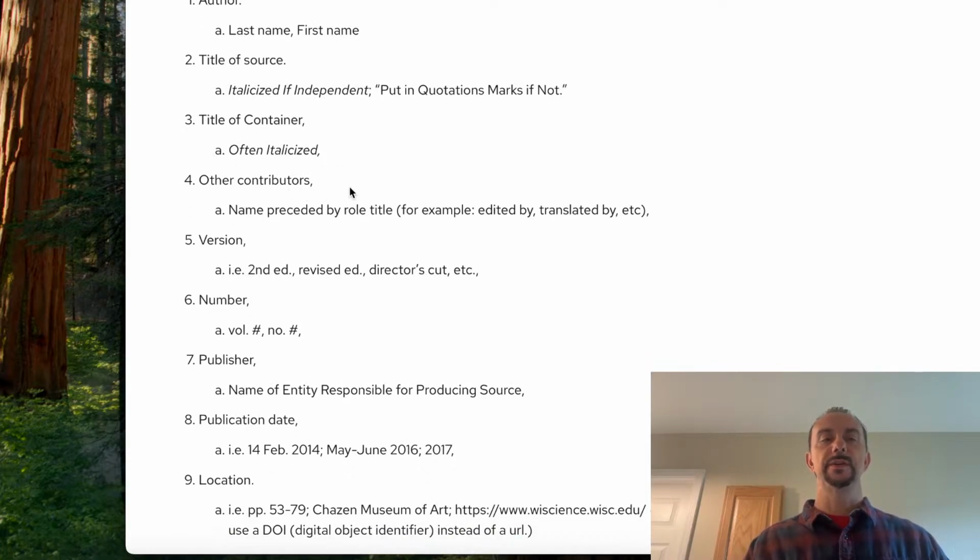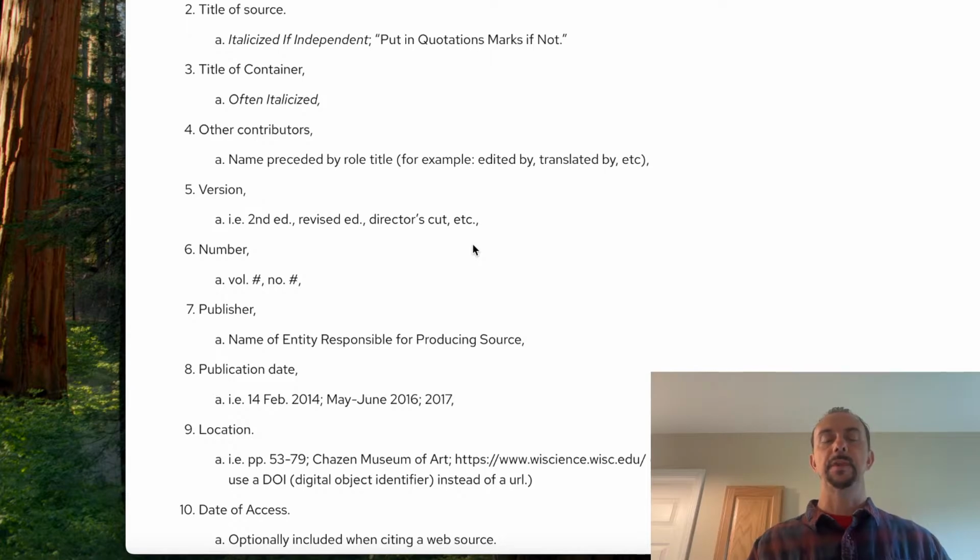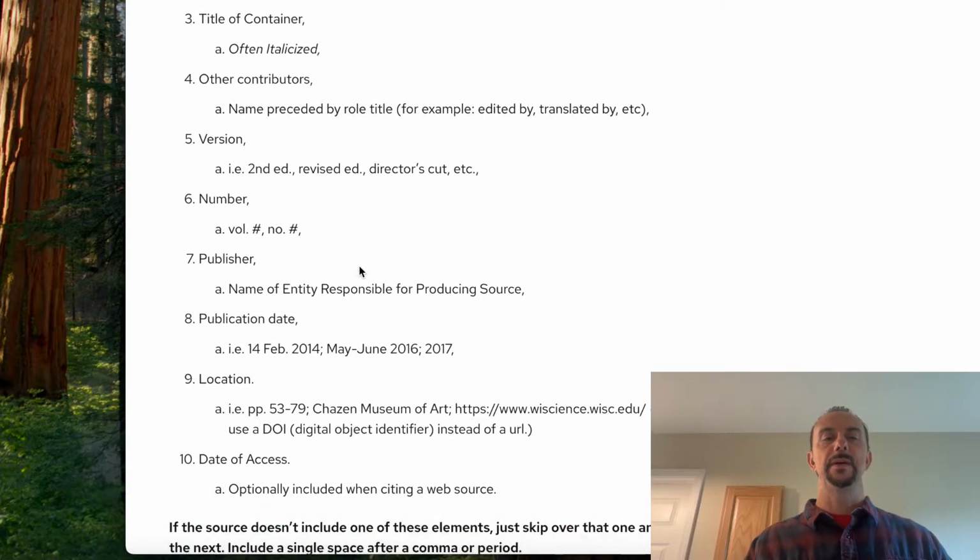Other contributors, if it's translated by, edited by. The version, like for example, They Say, I Say is edition 6. The number, if it's an article from a magazine or a journal that has volume numbers.